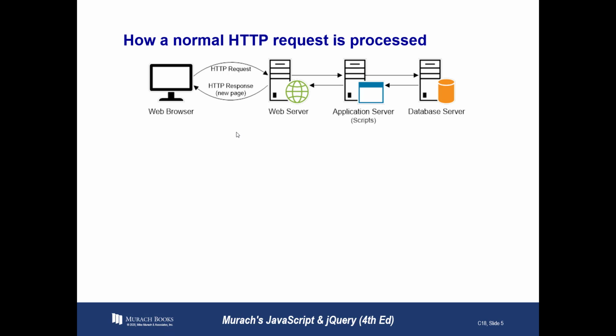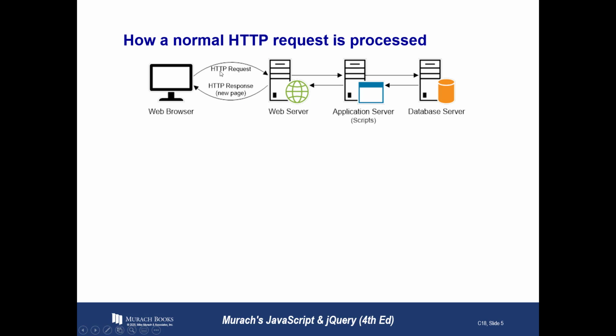Well, what they show you here is something that, believe it or not, we looked at real early in the book. As it says there, that's how a normal HTTP request is processed. With that, we're talking about something that has some JavaScript on the front end and or on the back end, because this isn't a simple static HTML request that would be handled just by the web server.